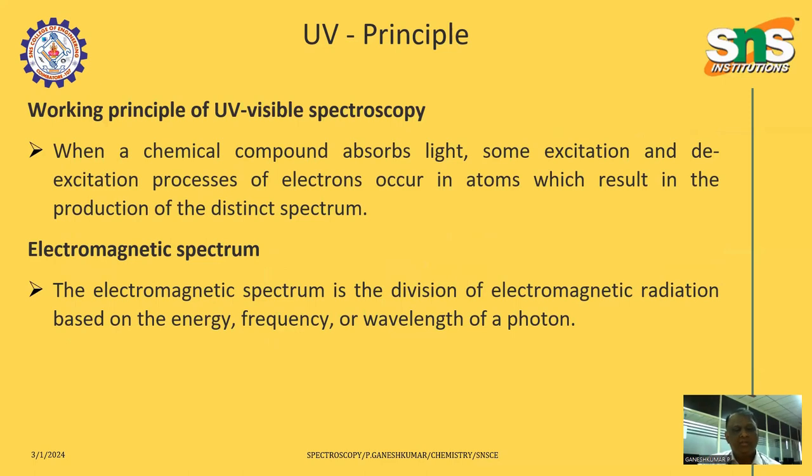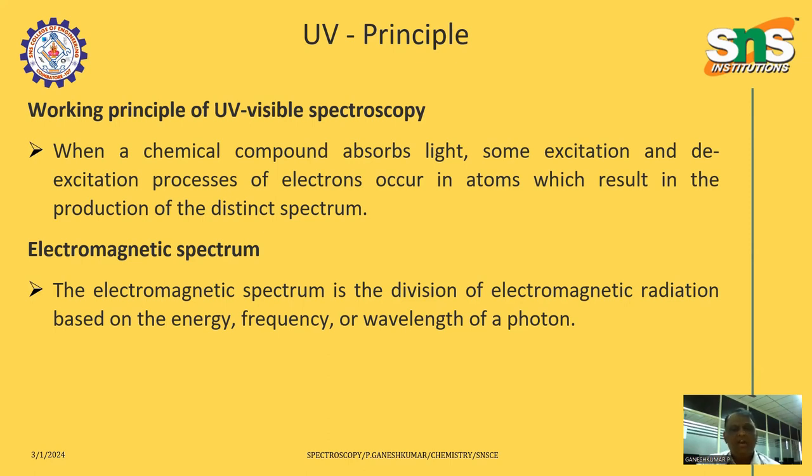So the basic working principle in ultraviolet spectroscopy is when a chemical compound absorbs light. You see, this can be related to Beer-Lambert's law, which we explained in the previous session. The Beer-Lambert's law is a relation between absorption and concentration.